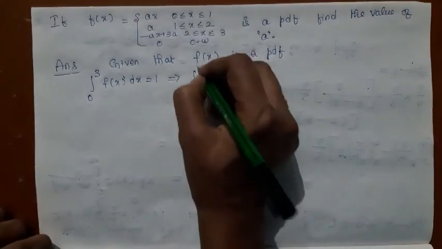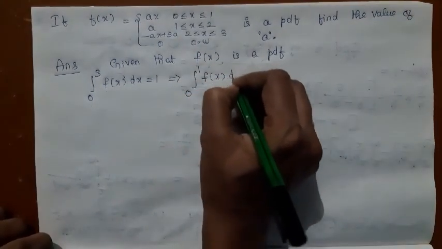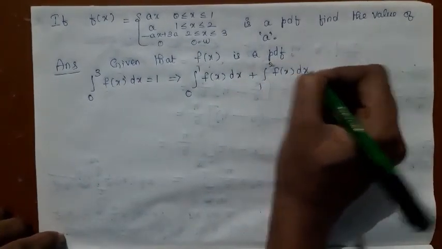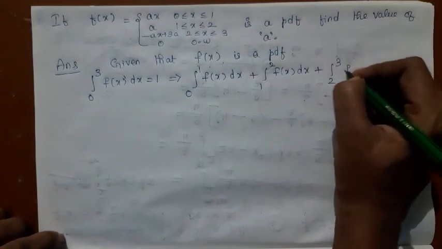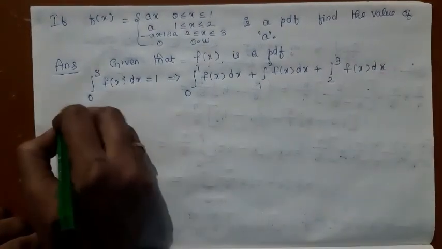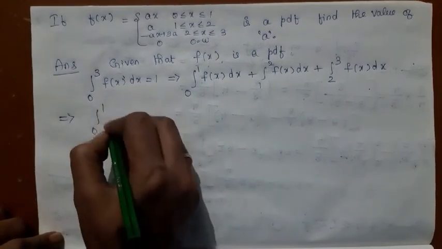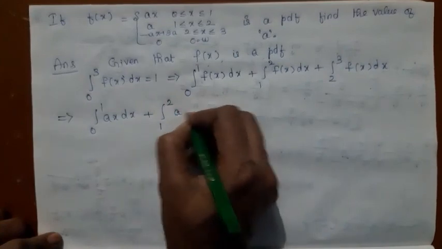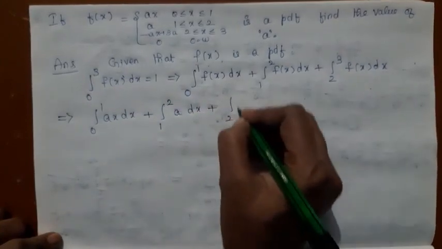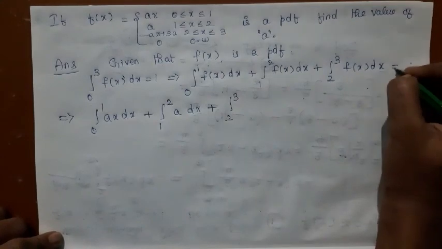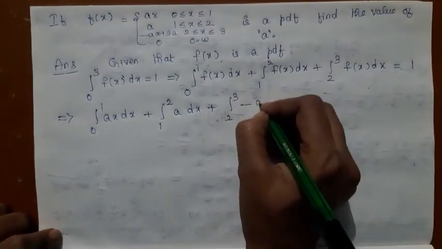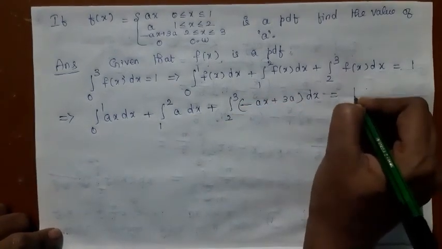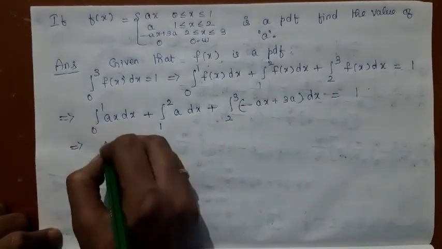So I should also divide: integral 0 to 1 f of x dx plus integral 1 to 2 f of x dx plus integral 2 to 3 f of x dx, which implies integral 0 to 1 ax dx plus integral 1 to 2 a dx plus integral 2 to 3 of minus ax plus 3a dx. If you do this, you should get 1 because it is given that f of x is a PDF.